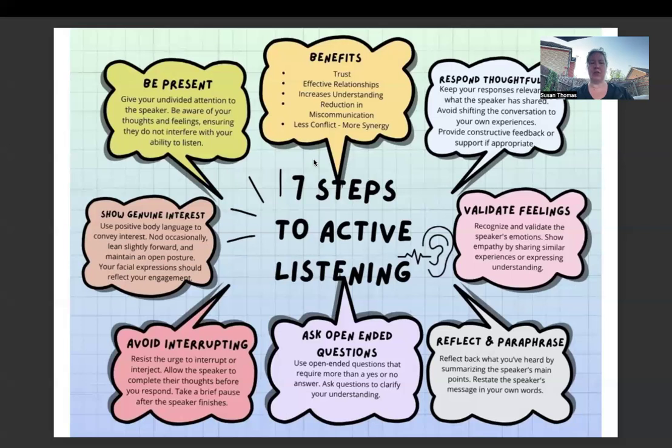And then take conscious breaths. Breathe in on a count of 4, and breathe out on a count of 4. Practice that before you go into a conversation, to make sure you're fully present in the moment.